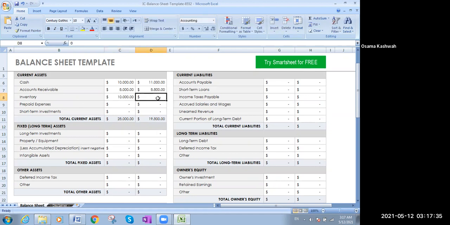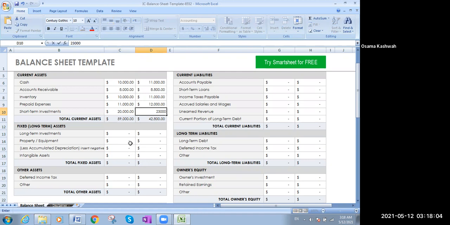The inventory here was 11,000. The prepaid expenses, which is considered one of the current assets, let's say it was 11,000, and here the prepaid expenses is 12,000. Then here we have short-term investment, 20,000, and this is as example 23,000.